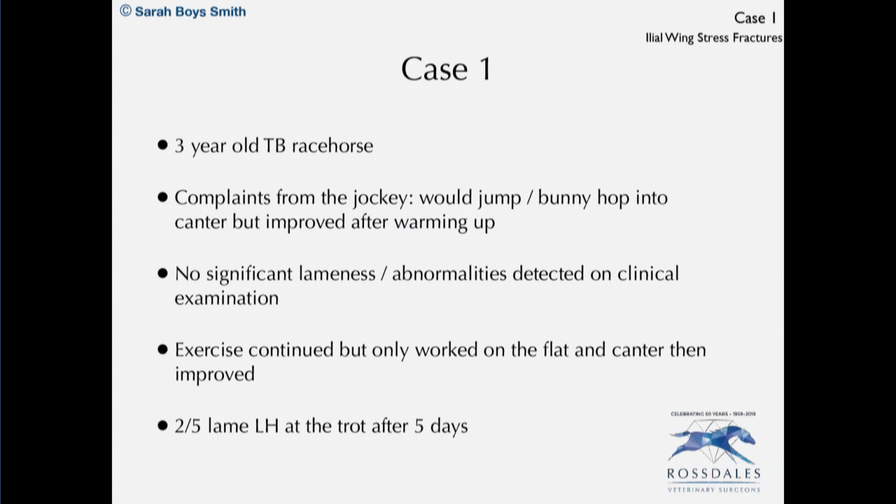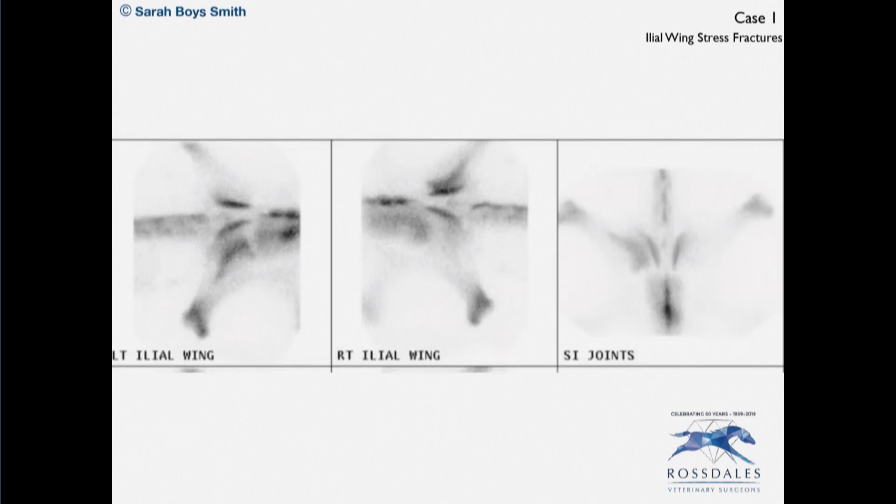So from a bone scan point of view, what we can see is we've got an increased uptake of the radionucleotide on the caudal aspect of that left ilial wing. It is more caudal. It's not extending the whole way across to the cranial margin of that ilial wing, but it is taking up a reasonable amount of it.